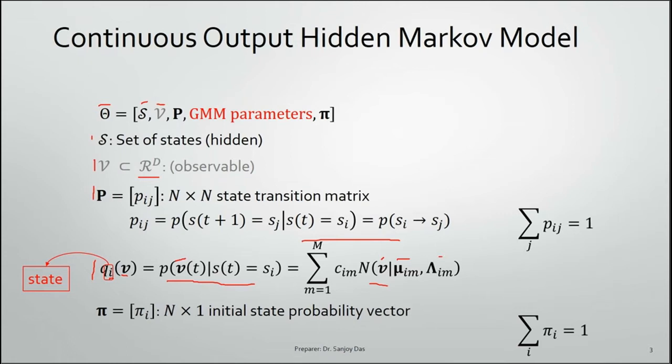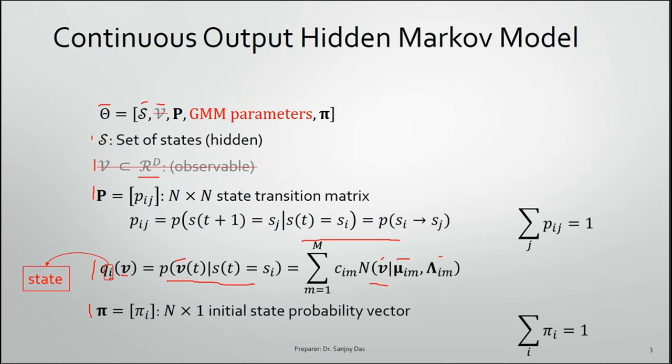I'm using lambda_im for the covariance matrix in place of sigma_im to avoid confusion, because we will be having summation so many times. And pi, the initial state probability vector, remains the same as with discrete output HMMs.